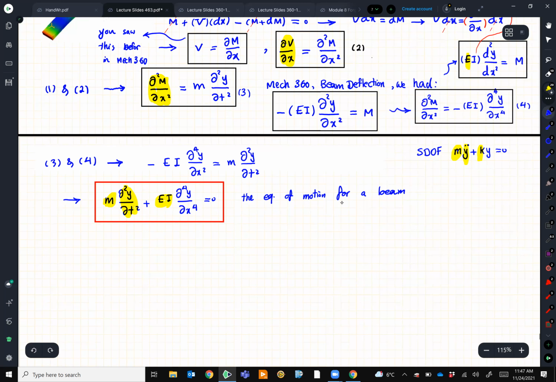But the equation works in a way that instead of y, now I have the fourth order. So this is a fourth order PDE. It's not an ODE, it's a PDE, which is a lot of fun solving.